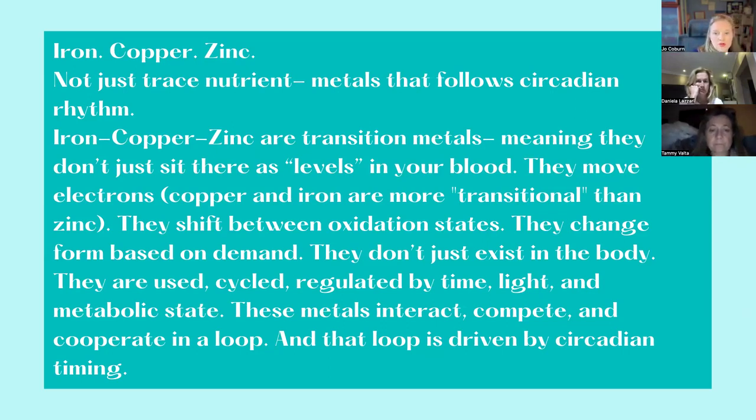Copper and iron are more transitional than zinc. They shift between oxidation states. They change form based on demand. They don't just exist in the body. They are used, cycled, and regulated by time, light, and metabolic state. These metals interact, compete, and cooperate in a loop, and that loop is driven by circadian timing.